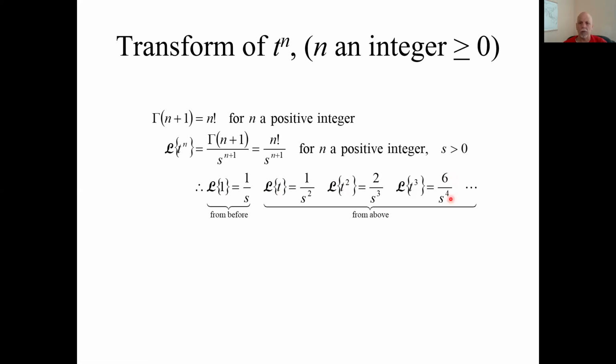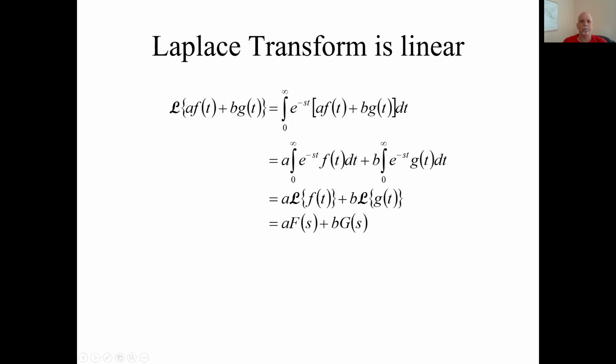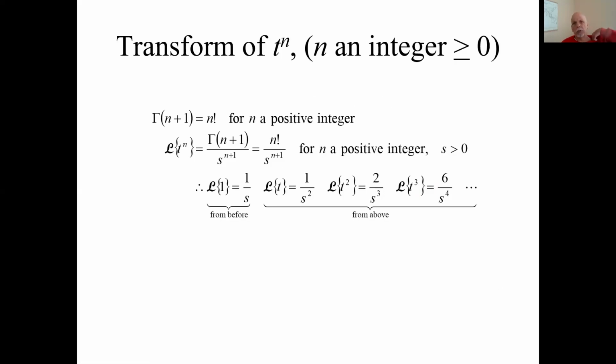So see that the power of s in the denominator is 1 more than the power of t in the time functions. I'll go over some of this in a subsequent recording. I'll stop there. This is the first recording and first lesson of Engineering Math A.